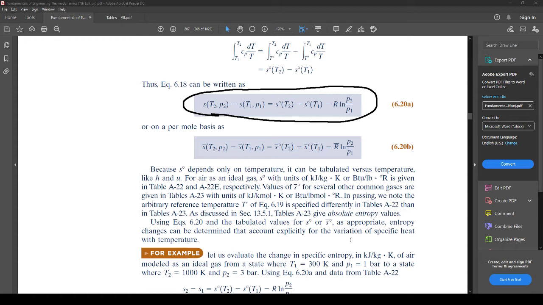In passing, we note the arbitrary reference temperature T prime of equation 6.19 is specified differently in tables A-22 than in tables A-23, as discussed in section 13.5, which is a long way to go. Tables A-22 and A-23 give absolute entropy values. Using equation 6.20 and the tabulated values for S absolute, entropy changes can be determined that account explicitly for the variation of specific heat with temperature.